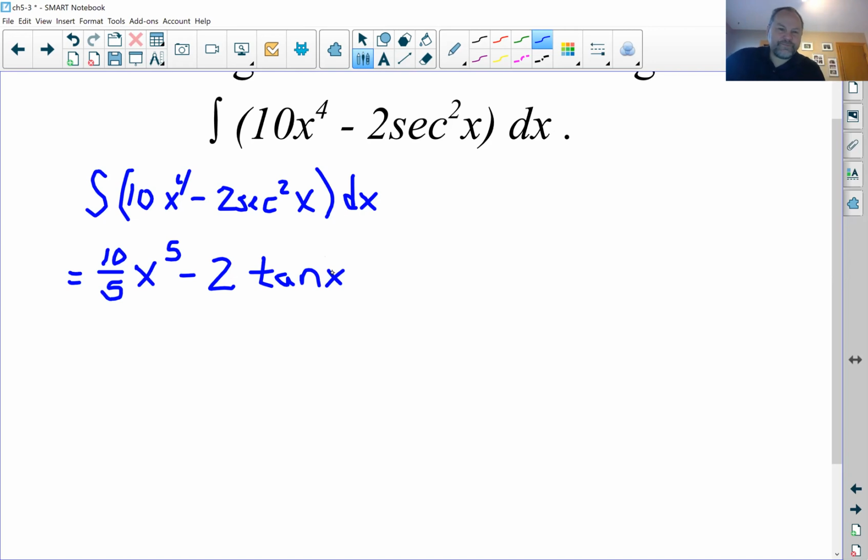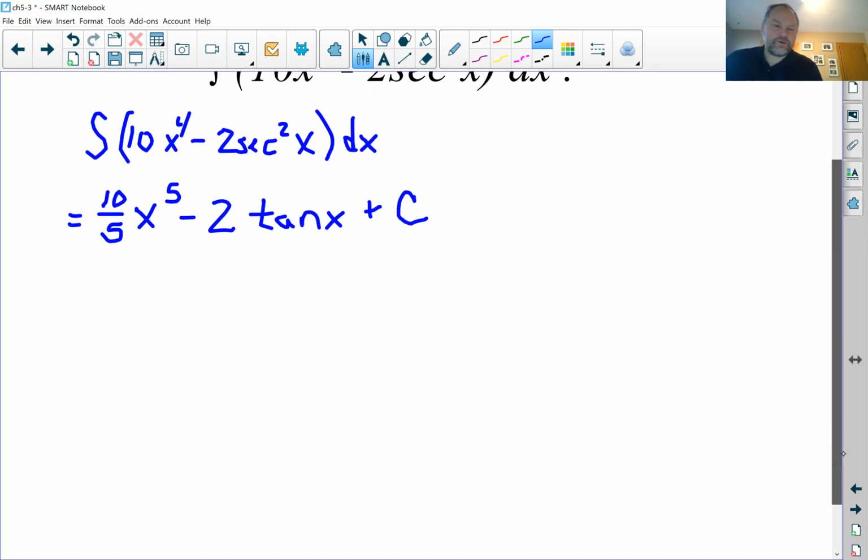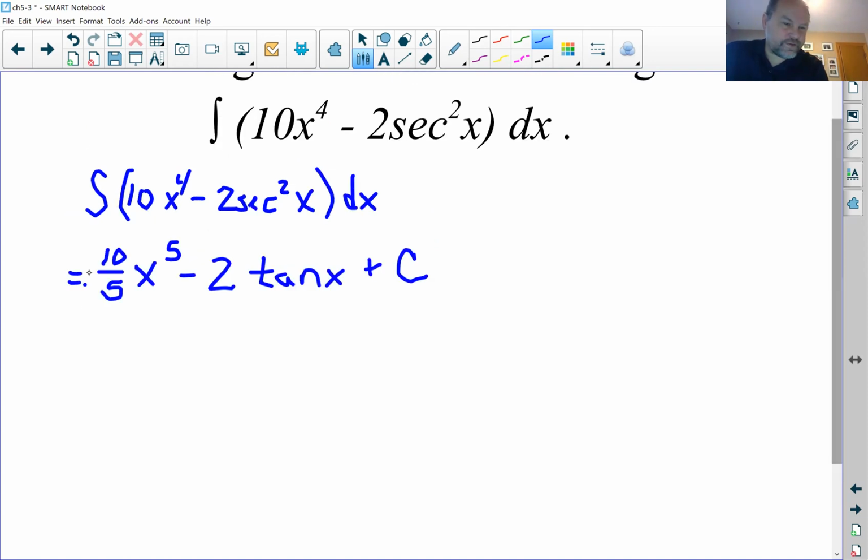The last thing, if we have an indefinite integral, if we don't have values for limits on our integral, we are going to add a constant. We're just going to call it C. In other words, let me simplify this first.